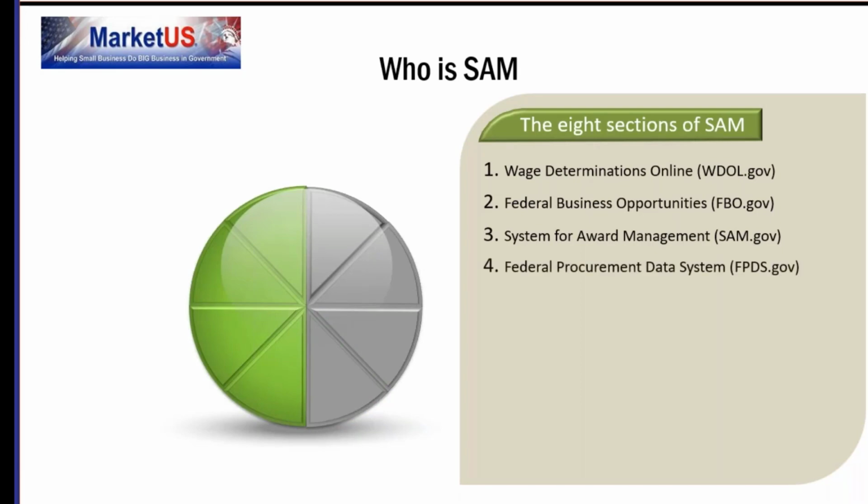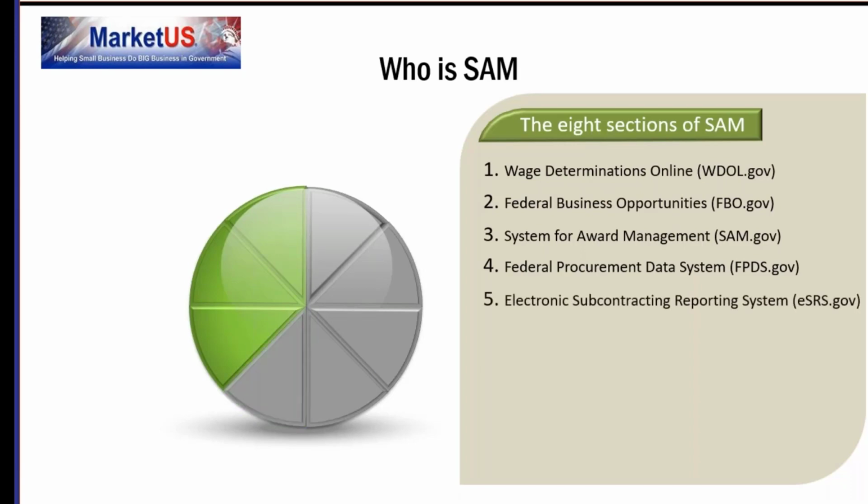Federal Procurement Data System, which became Federal Procurement Data System Next Generation, which we never knew when that started, but now it's called FPDS. That is in the process of being migrated over.